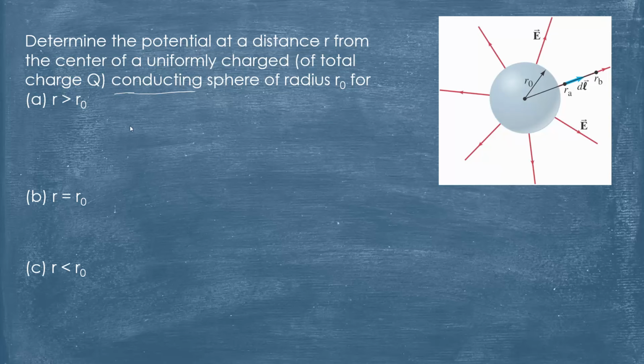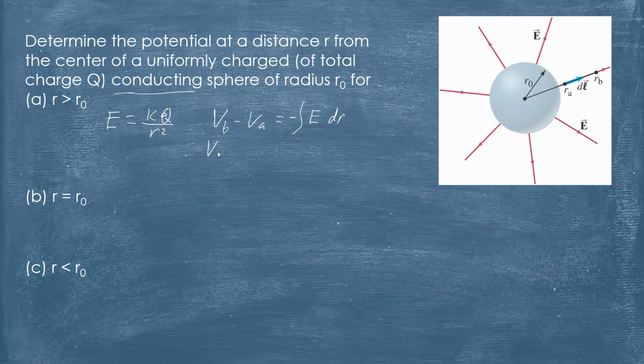And we know that the electric field outside of a conducting sphere is just like the electric field due to a point charge, so KQ, I'll do capital Q, over R squared. So if I want to find the difference in voltage, VB minus VA, that's going to be the integral of our electric field, and we'll say dr because that's what we're calling the distance element here, right? And there's a negative sign there as well.